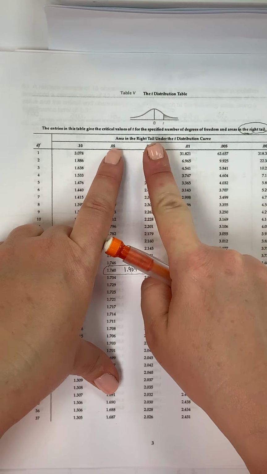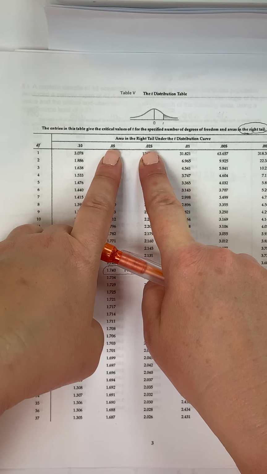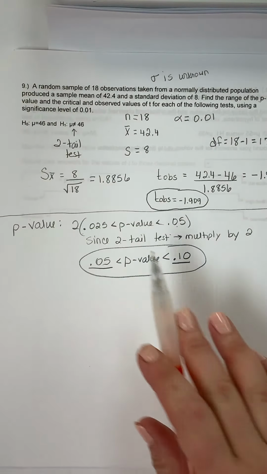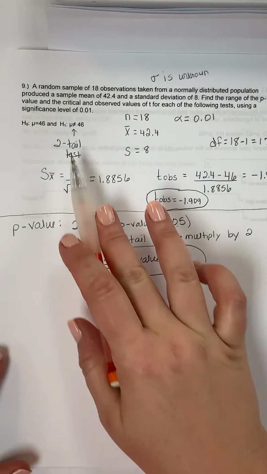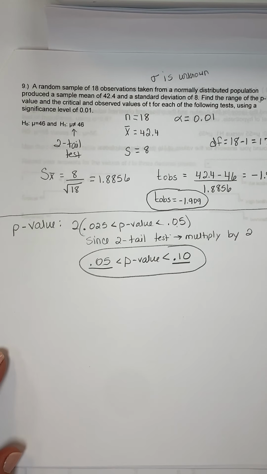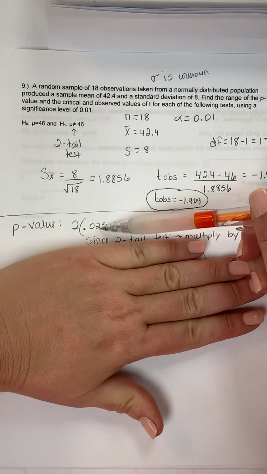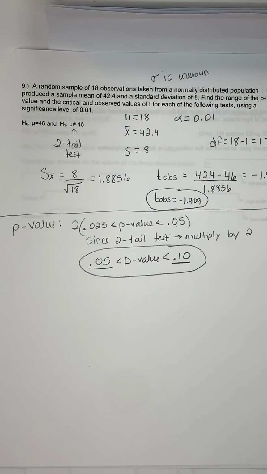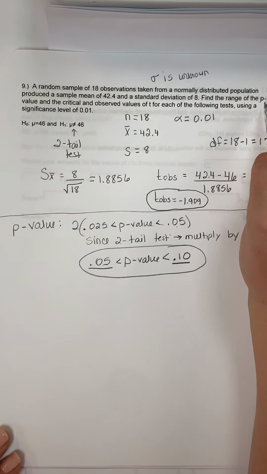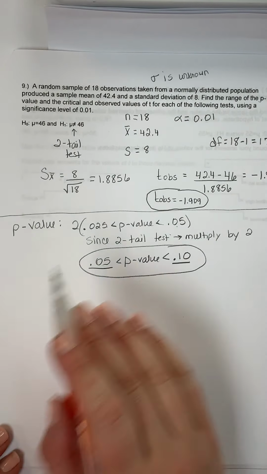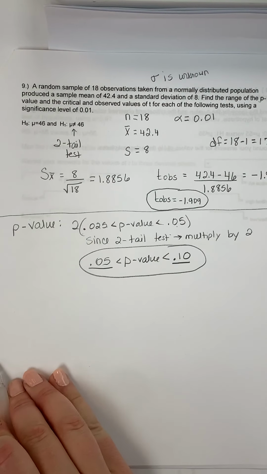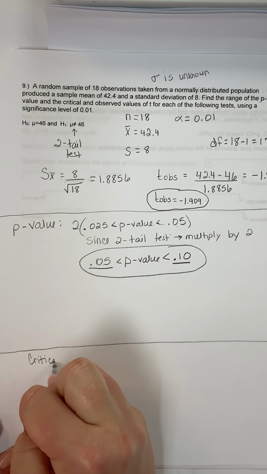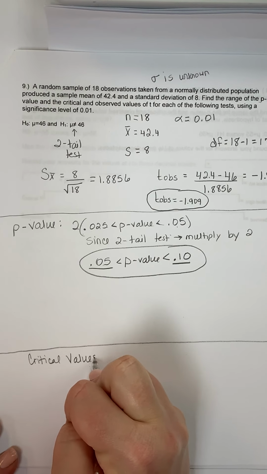I went straight up. Those two areas at the top are my p-value range, smallest to largest. Then, because it was a two-tailed test, I had to multiply by 2. Otherwise, if it was a left-tailed or right-tailed test, I just leave it. So I found my p-value range and my observed values. Now all I have to do is find my critical values.